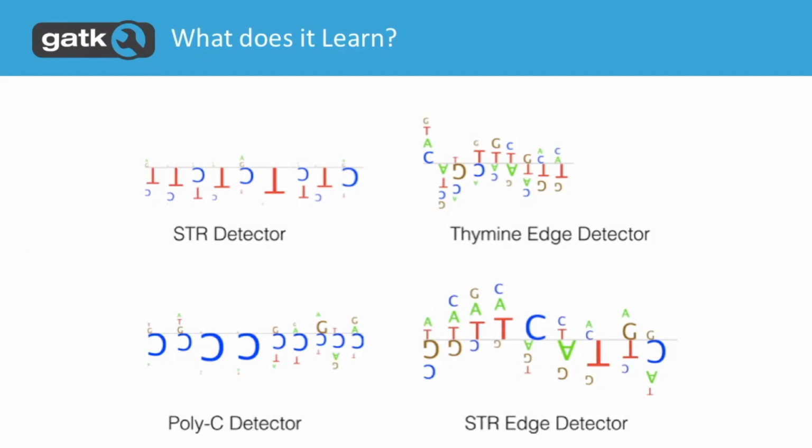For example, this is a motif that finds STR regions with the CT repeat, the poly-C motif that we saw previously, and then there's this thymine edge detector when you have a bunch of T's, and then we don't have any T's. So these are the positive weights, and this is the negative weights to represent that we do not have them there.